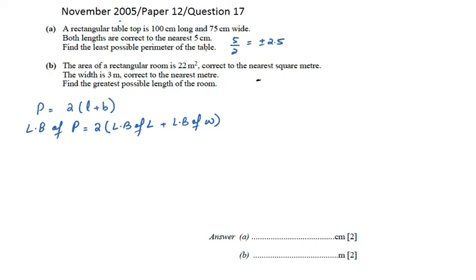So to find the lower bound of length, we will subtract 2.5 from 100, and similarly to find the lower bound of width, we will subtract 2.5 from 75. So 100 minus 2.5 is 97.5, and when we subtract 2.5 from 75, it will be 72.5.